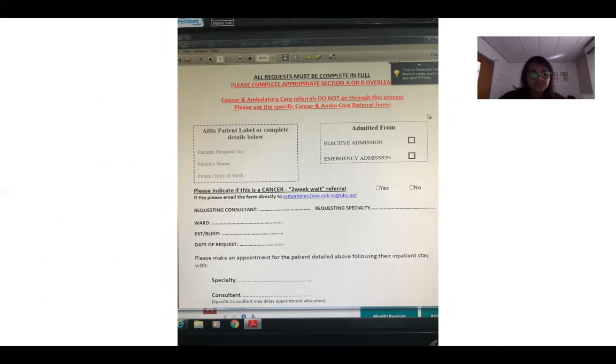For example, acute medicine is your team, and the specialty that you want to refer to is cardiology in 6 weeks time. And then on the back of that form, it's just got an empty box where you write a little spiel, okay? And it just helps them guide when they're in clinic.